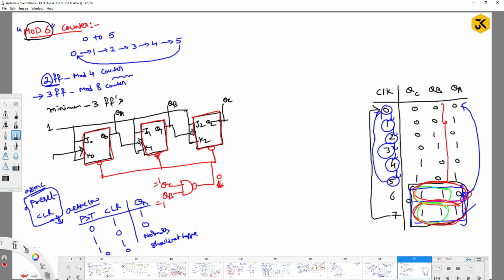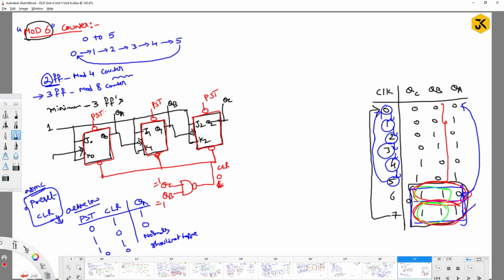But in reality, there is one more thing, right? Preset is also going to be there. If you take any flip-flop, so far we didn't get any requirement where we need to use clear as well as preset. But in this particular scenario, it is required for us to use clear and preset. That's the reason we have it.